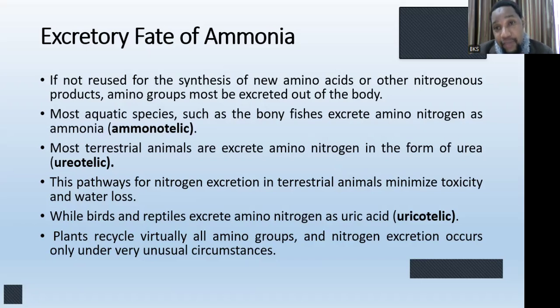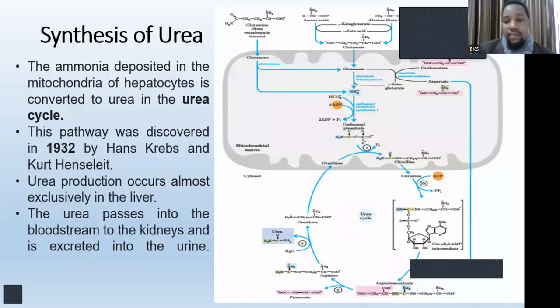They are called uricotelic. While humans and other terrestrial animals, which are the majority of terrestrial animals, with the exception of birds and reptiles, excrete it in the form of urea. They are called ureotelic. Now, the next thing is, we'll see how urea is formed from this ammonia. This takes us to the synthesis of urea.